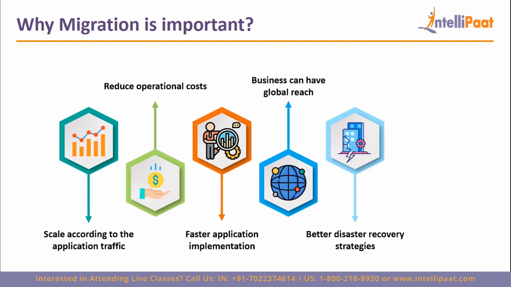If you are keeping your entire application's architecture running on a cloud provider like AWS in the USA, you can replicate the same to another region in Europe or in an Asian country. Even when there is a disaster in the USA, if you lose all your data and content, it will be available in another data center in Europe or Asia. So you can use that and start rebuilding it in the USA. So this has better disaster recovery strategies and you can retrieve your data easily from the cloud.